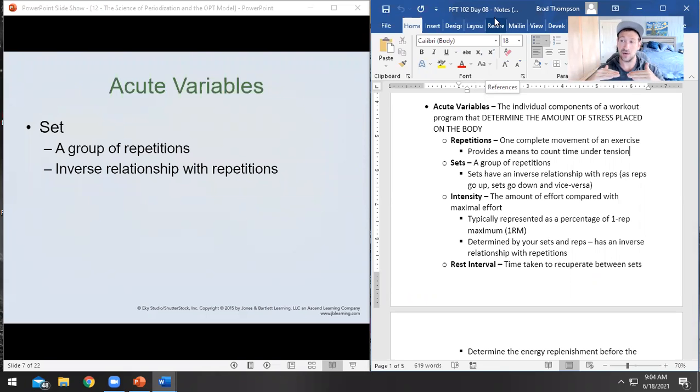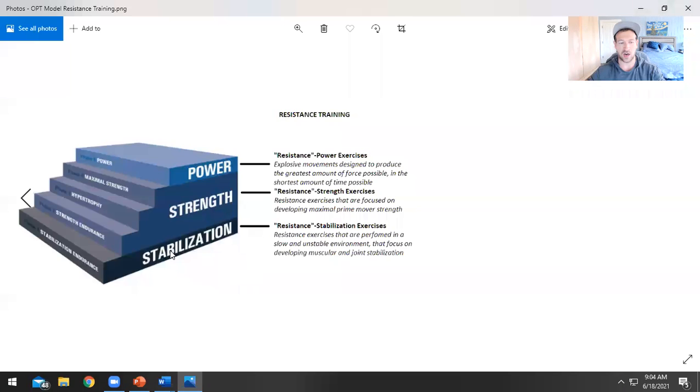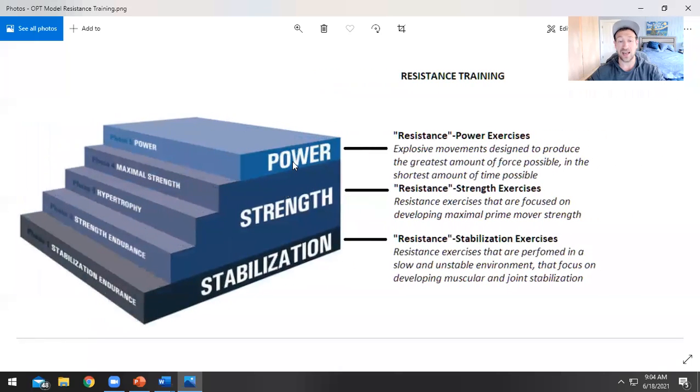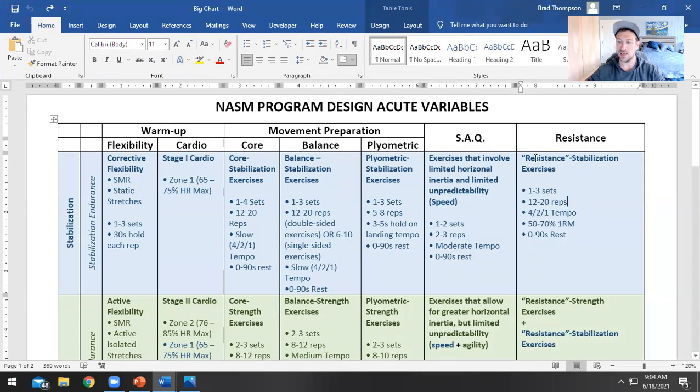As your reps go down, your sets need to go up. And so as we were climbing the OPT model, we saw our repetitions go down. Well, as we climb the OPT model, we're going to see our sets go up. And so if we go back to our big chart here, you can see for stabilization clients, because they were doing 12 to 20 reps, they only need about 1 to 3 sets.